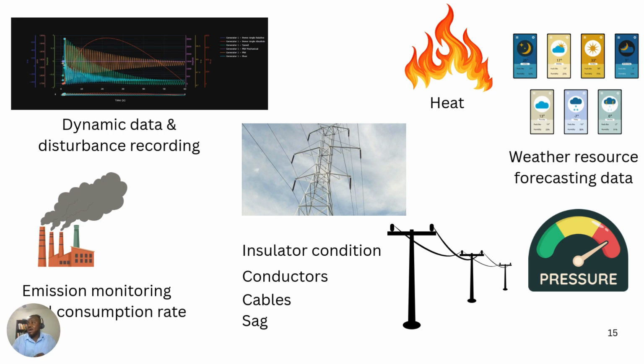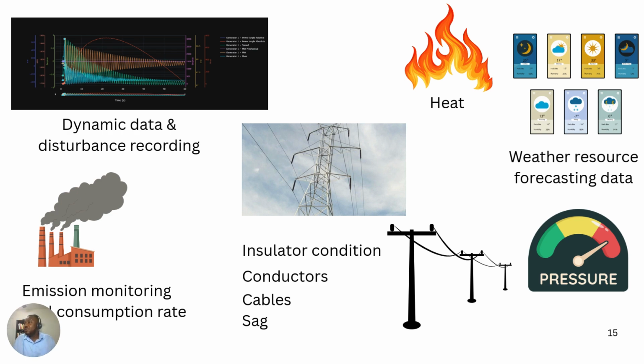So you have heat, boil the water, you produce steam. The steam is dried and then goes through a steam turbine. And then that steam turbine, based on that speed and the pressure, is able to turn a generator. So we need data on heat.